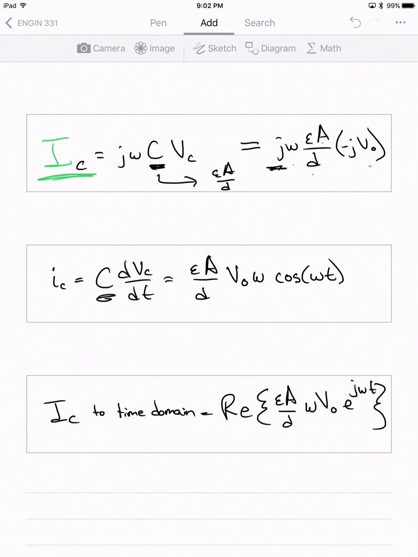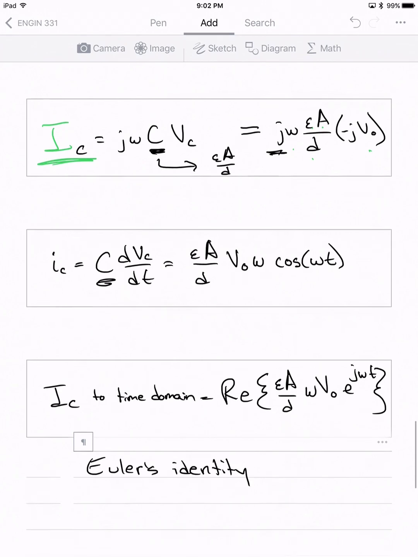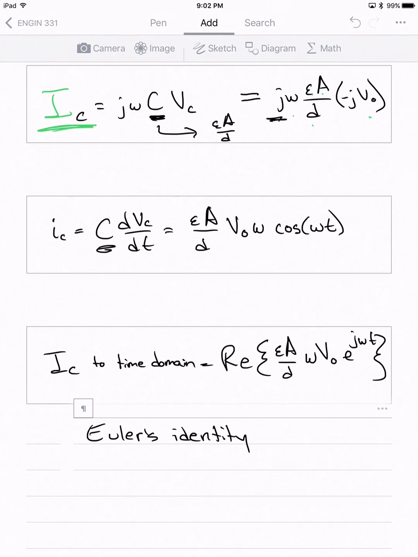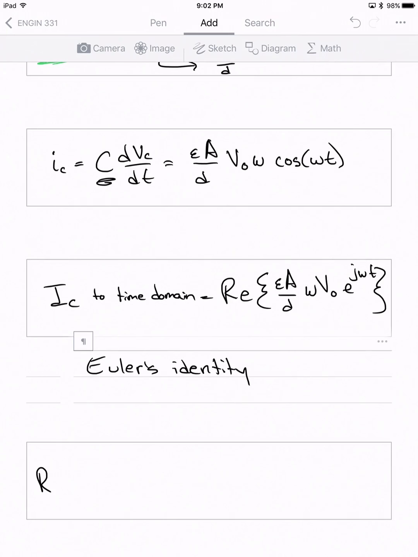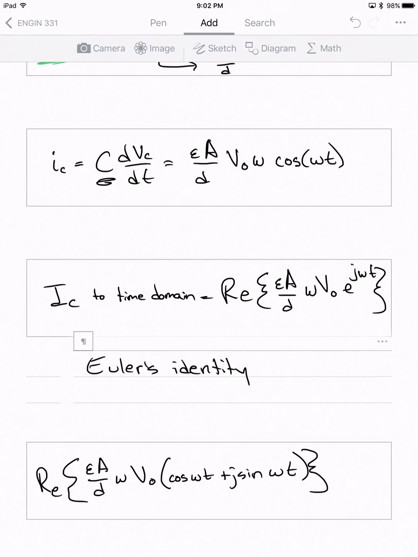Remembering again Euler's identity, e to the j omega t is equal to cosine omega t plus j sine omega t, and that means that when we take the real part of that, the sine goes away and we're left with only the cosine.